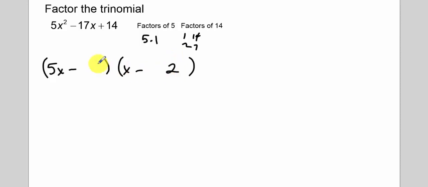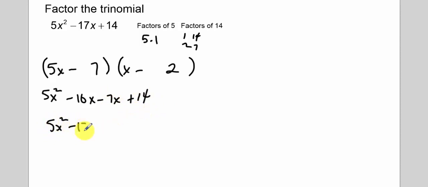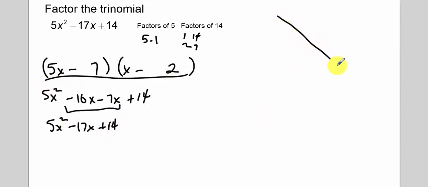So I'll put my 2 here and my 7 here. Notice that's 5x squared minus 10x minus 7x plus 14, or 5x squared minus 17x plus 14. Thus, that's my factoring.